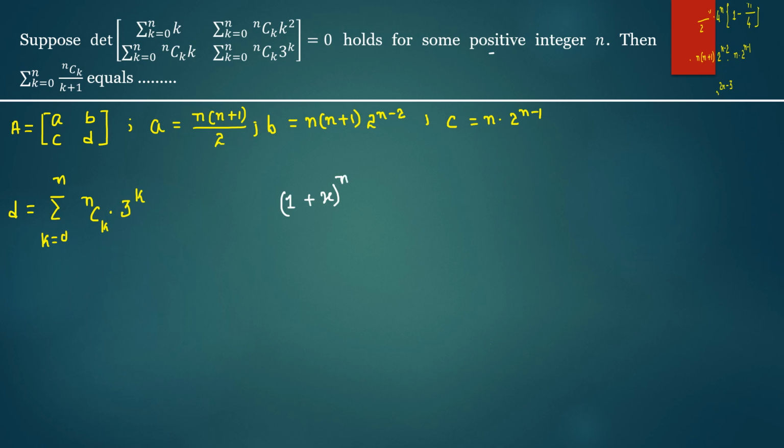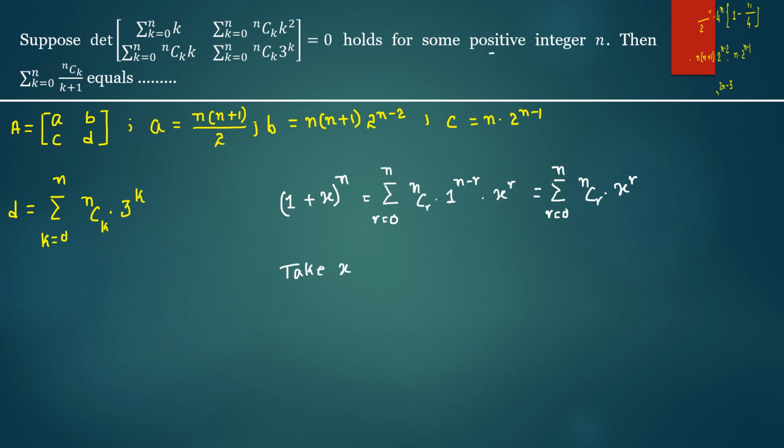We can say that it is equal to summation r is equal to 0 to n, nCr into 1 to the power n minus r multiplied by x to the power r. By simplification, we can say summation r is equal to 0 to n nCr into x to the power r.